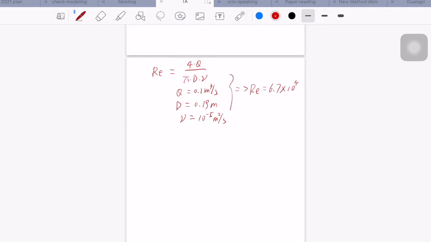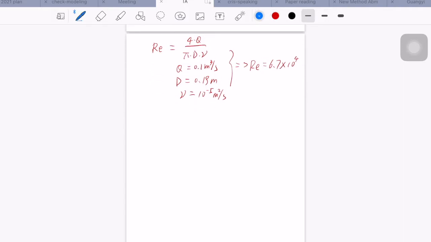And then we can use this equation: F is equal to 0.25 divided by the square of log base 10 of Ks divided by 3.7 times D plus 5.74 divided by the Reynolds number to the power of 0.9.